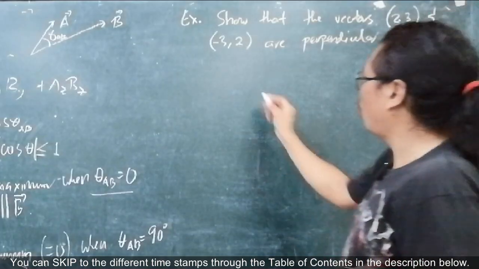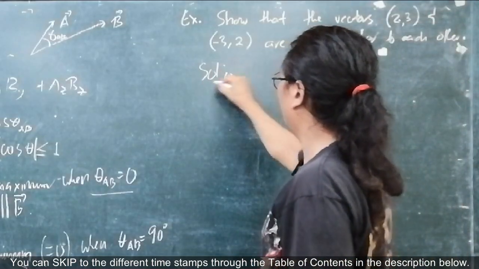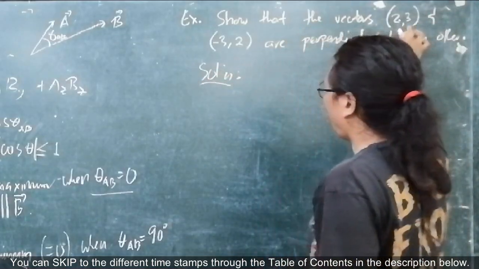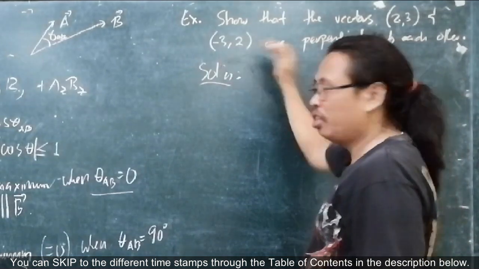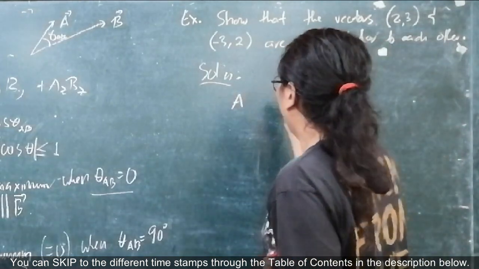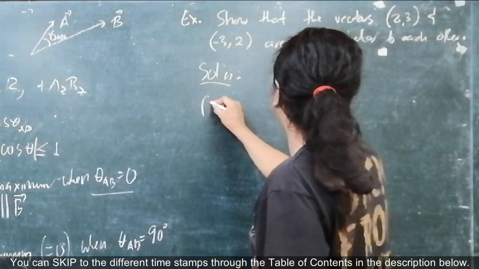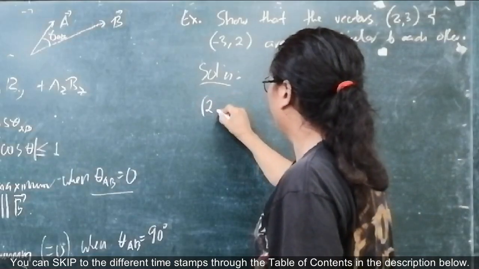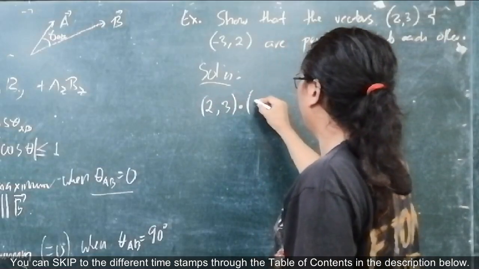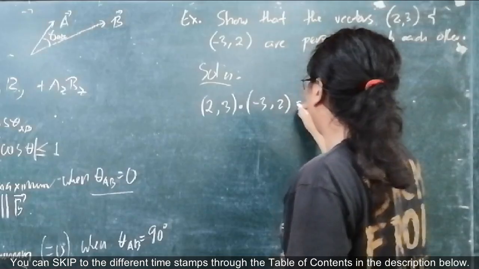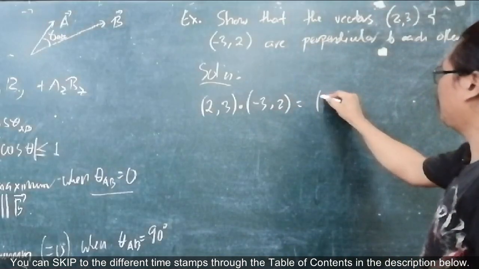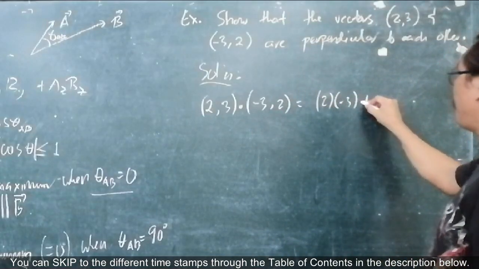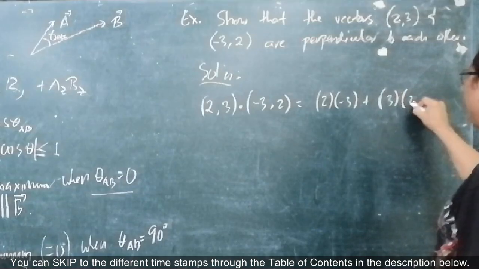So how do we solve this? All we have to do is, let's take this as A and this as B. So A dot B, (2, 3) dot (-3, 2), is equal to what? This is 2 times -3 plus 3 times 2.